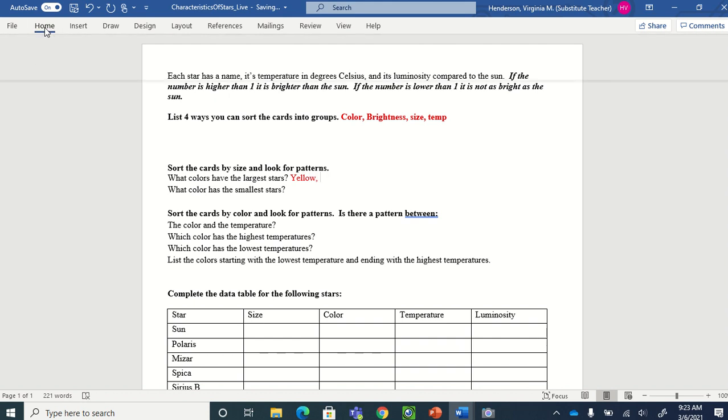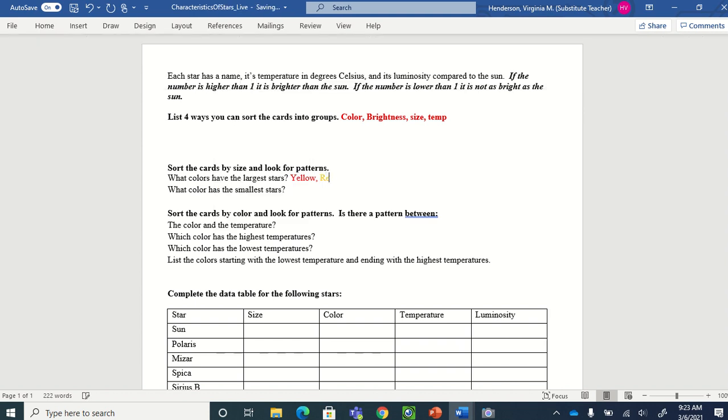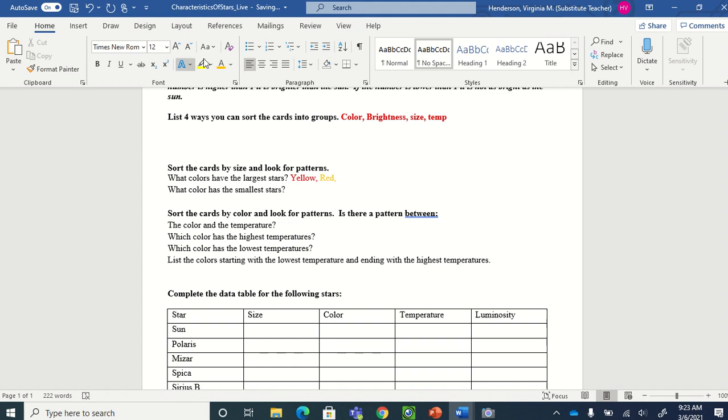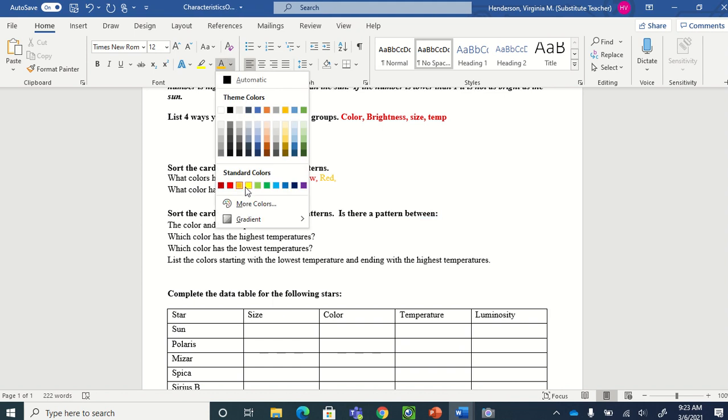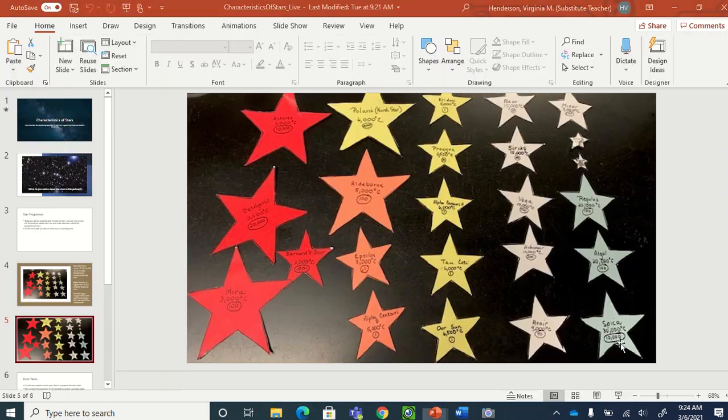And we are going to say red, and then we're going to say orange. Okay, and what's the smallest stars there? The smallest stars are white. Okay, so the smallest stars, the little tiny stars, let me pull this back up for you really quick. These are little tiny stars, and they are white.